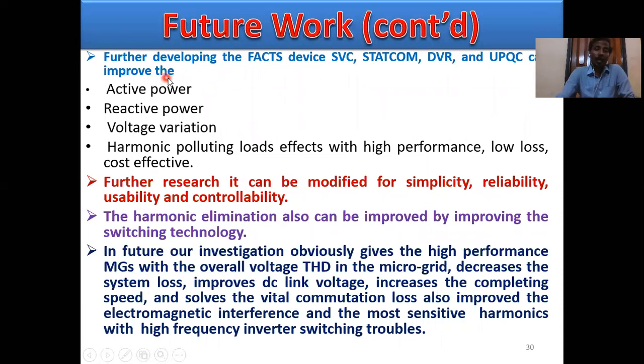In future, developing FACTS devices, SVC, STATCOM, DVR, and UPQC can improve the active power section, reactive power section, and voltage variation, and the effects of harmonic polluting loads, with high performance, low loss, and cost effectiveness. Future research can be modified for simplicity, reliability, usability, and controllability.